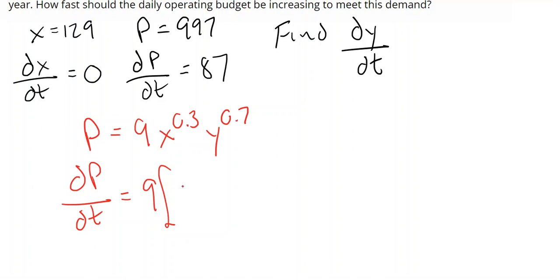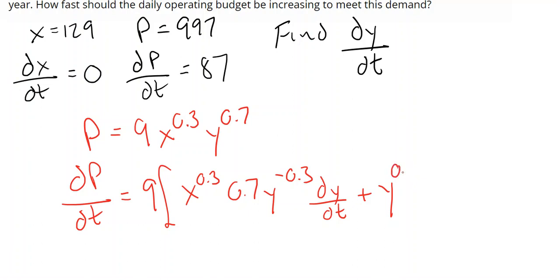We take x to the 0.3 times the derivative of y, which is 0.7 times y to the negative 0.3 times dy/dt, plus y to the 0.7 times 0.3 times x to the negative 0.7 dx/dt.